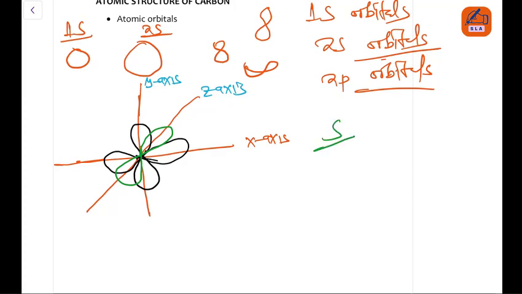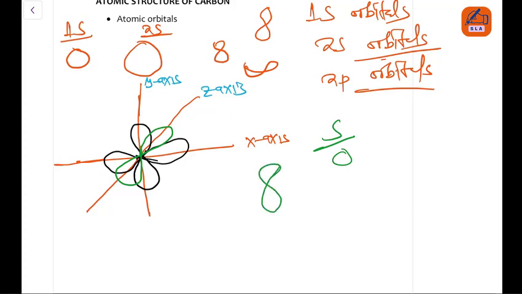Any s orbital is spherical in shape, but the size will depend on which shell the s orbital is in. If it is in the first shell, it is the smallest one. If it is in the second shell, it will be much larger compared to the one in the first shell. Also, all p orbitals are dumbbell in shape.